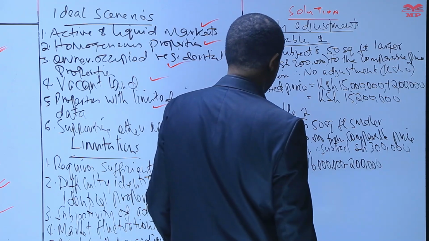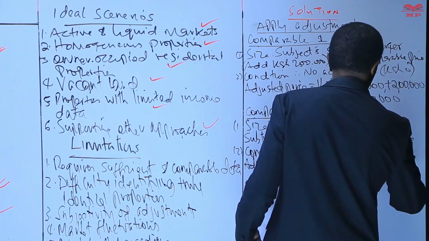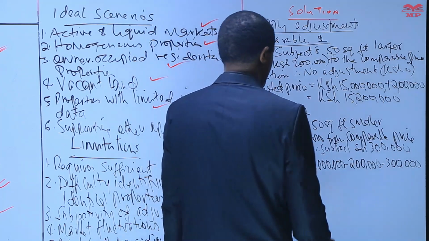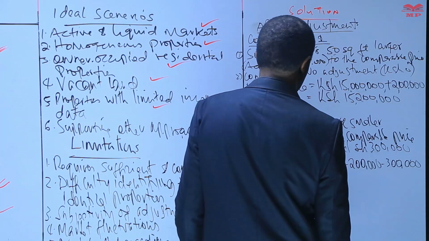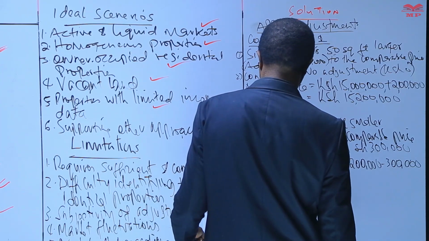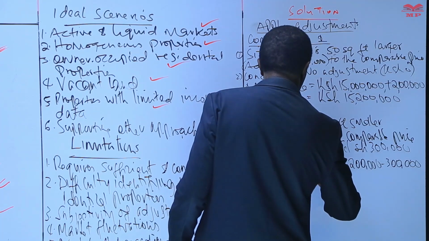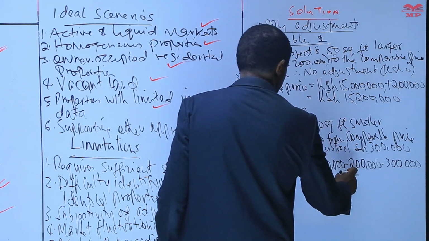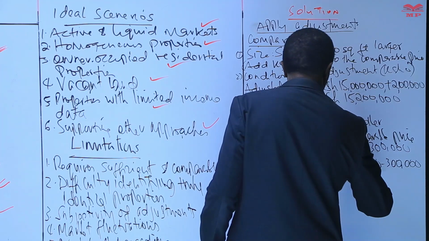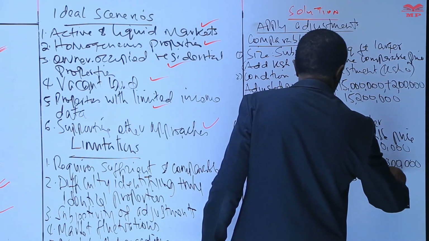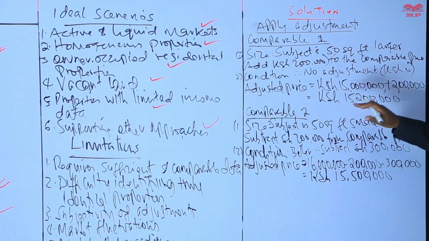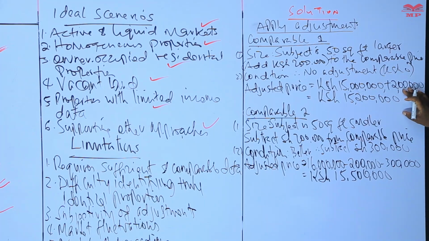Then again we deduct 300,000. This will be equal to, is it 16.5 or 15.5? 16 million minus 500,000 will be equal to 15,500,000. So that is the adjusted price for comparable 2. The adjusted price for comparable 1 is 15.2 million.